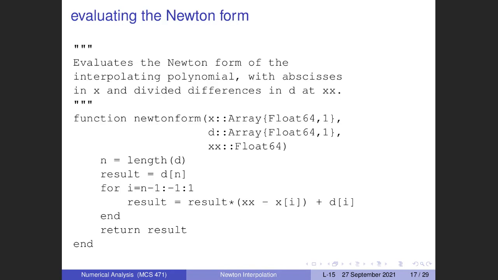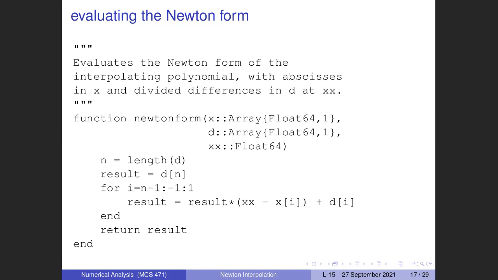All right, then the evaluation using the Horner scheme is actually even more basic. The font can be larger. So we have the interpolation points, the x vector. Then we have the divided differences.